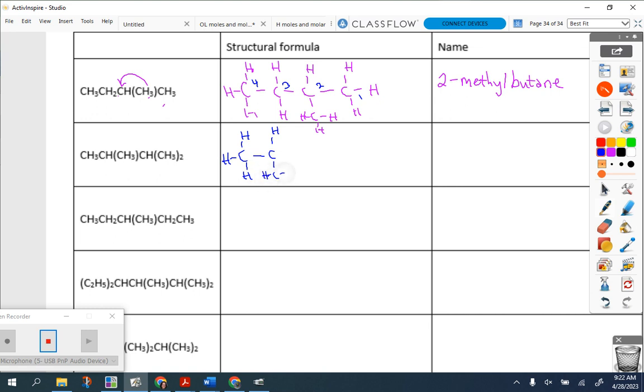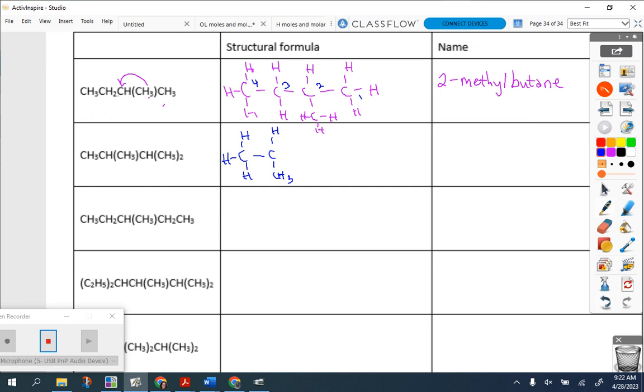Now, when you are drawing these structural formulas, instead of writing out all of the hydrogens on the substituent groups, you can write this as CH3, if it's a group. Otherwise the hydrogens start running into each other and it just gets really annoying. So if it's a branch, you can write it in a more condensed version.